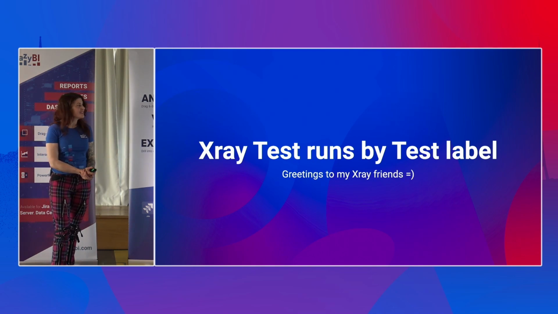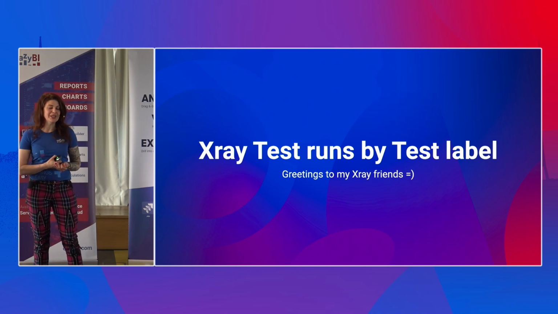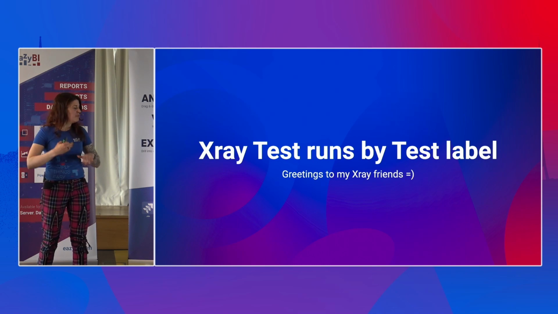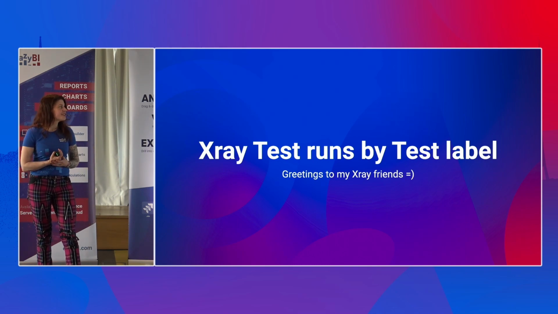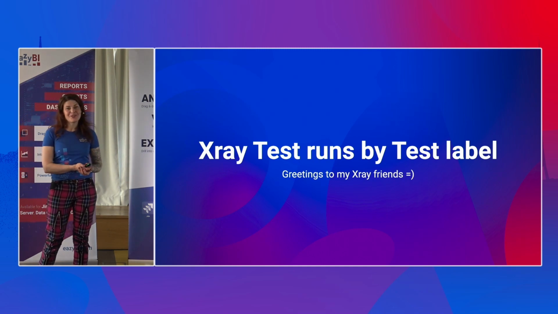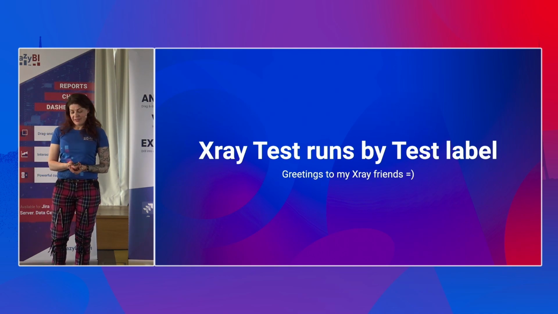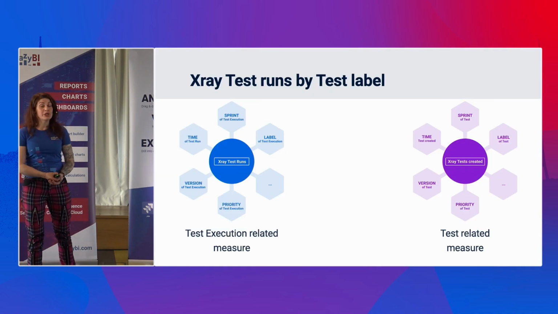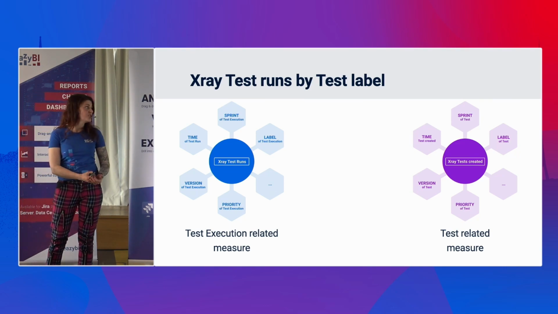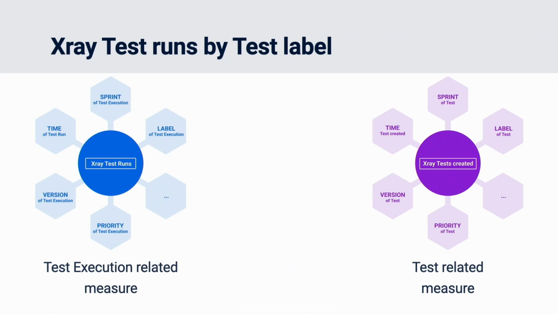So, the last use case, which actually inspired me to find this way of doing it in 3 steps, is due to X-ray solutions, because they use issue types heavily, and there are some specifics, and the data model is quite complex, and some metrics are related to tests and some to test executions, and sometimes they have to be mixed together.